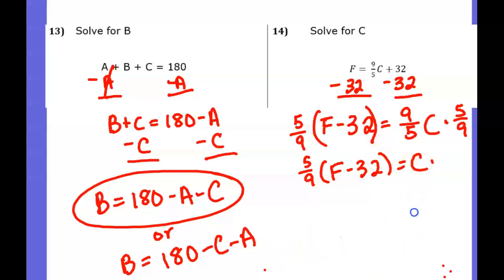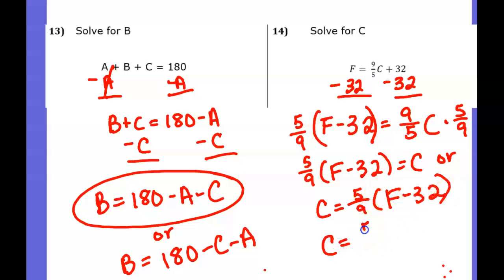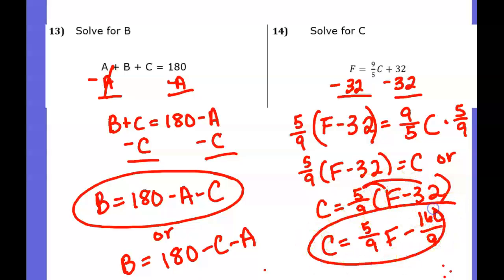You can distribute it at this point if you want. Or let's just write it like this: C is equal to 5/9 times F minus 32. Or if you distributed it, this would be C is equal to 5/9 F minus 160. All I did was distribute that fraction. So either answer would be fine right here.